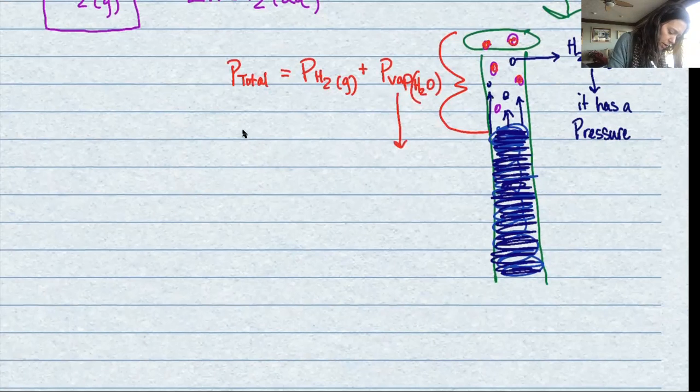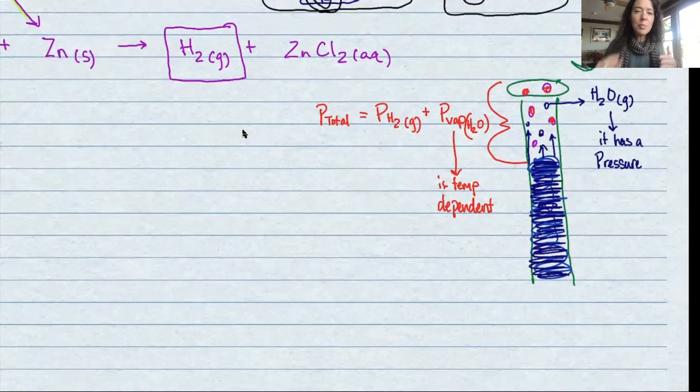This value is temperature dependent, right? The amount of water vapor that is in equilibrium, that evaporates from the sample of water, depends on the temperature of that water. The greater the temperature, the more water vapor you'll have, the greater the vapor pressure.